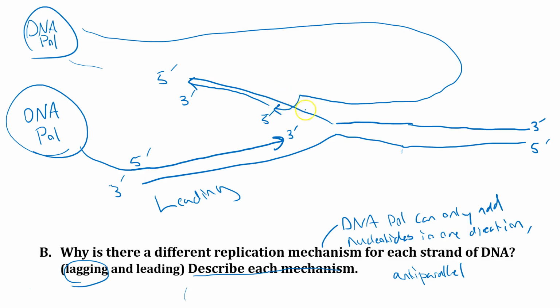So DNA polymerase is going to attach to an RNA primer and build a small segment, and then as this continues to unzip, it's going to bind to another primer that's being laid, and then build another short fragment, and then another short fragment, and then another short fragment. So the lagging strand will be built in a series of short fragments called Okazaki fragments, which are later stitched together by ligase to form a continuous strand.